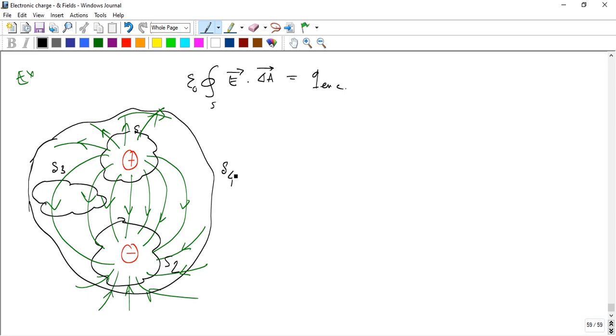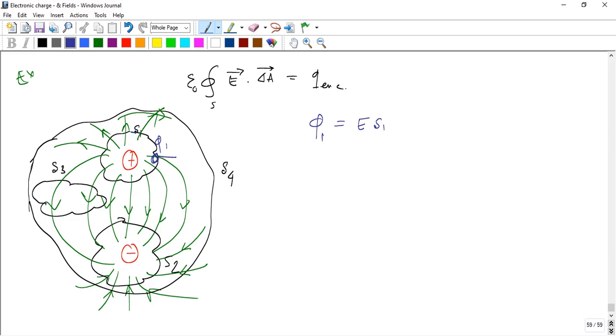So calculate the flux for all 4 surfaces. For the first surface, the electric field is in the outward direction, meaning the surface encloses a positive charge. So phi 1 is equal to E times S1, positive.